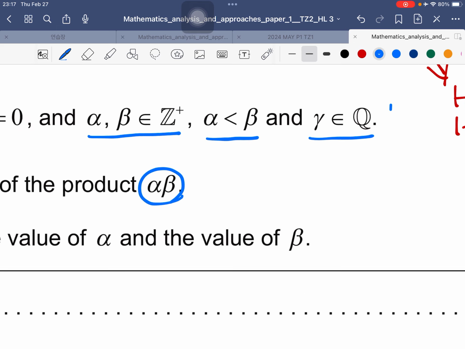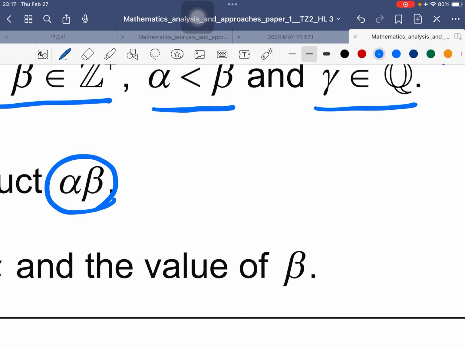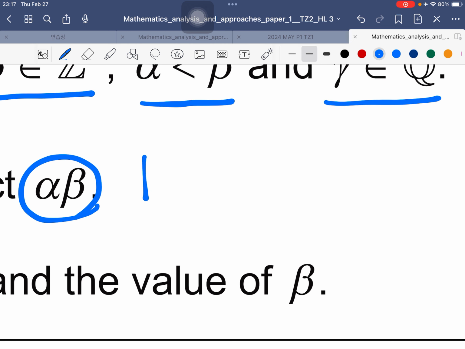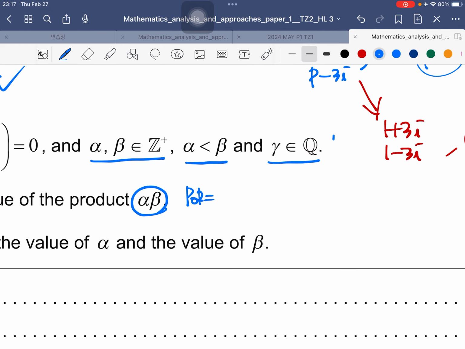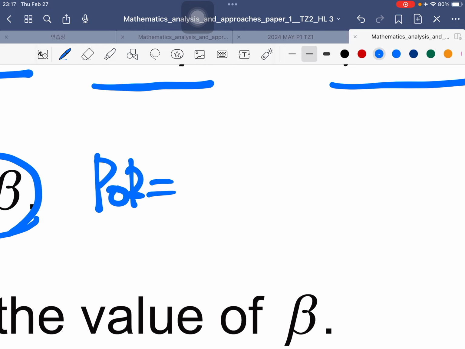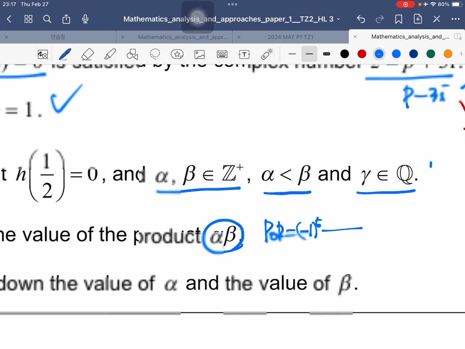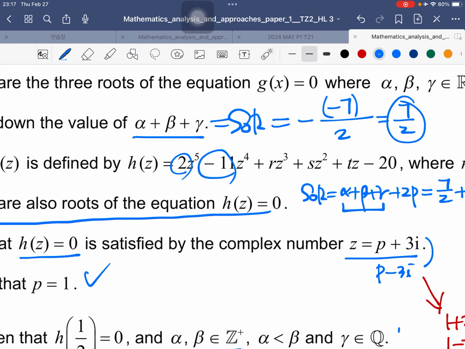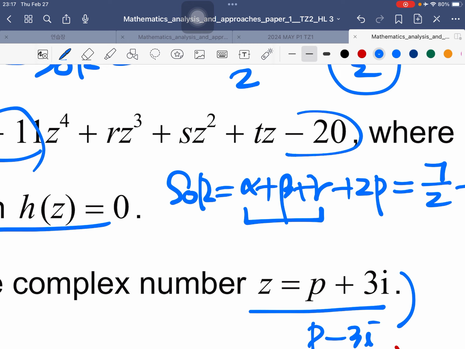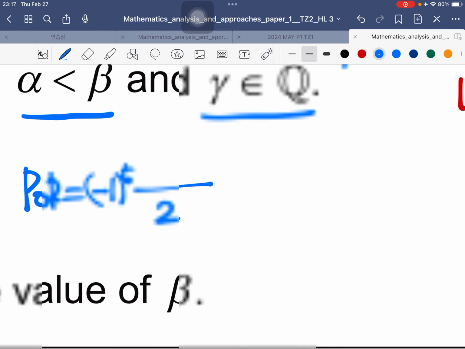So we must use the fact of the product of roots. This is an equation of fifth degree, so the product of roots is minus 1 to the fifth power, times the constant number, negative 20, over the coefficient of the highest degree, 2.